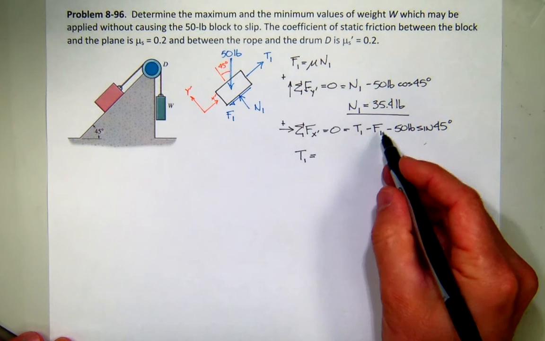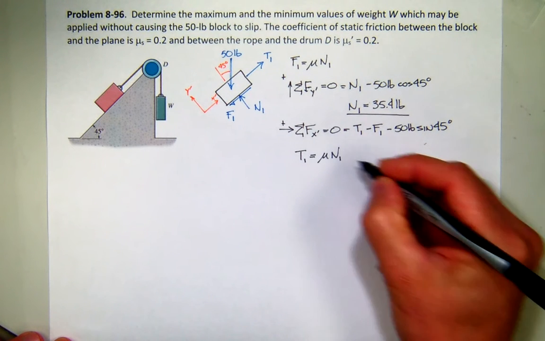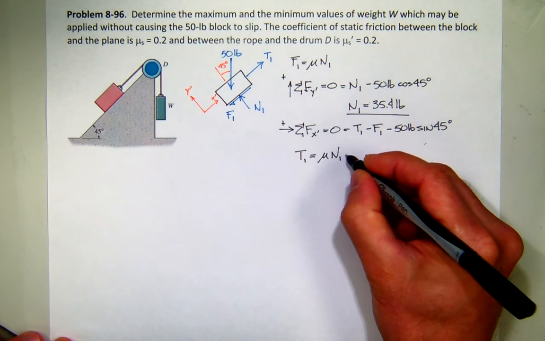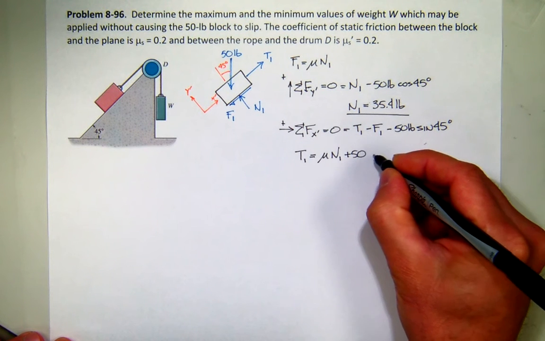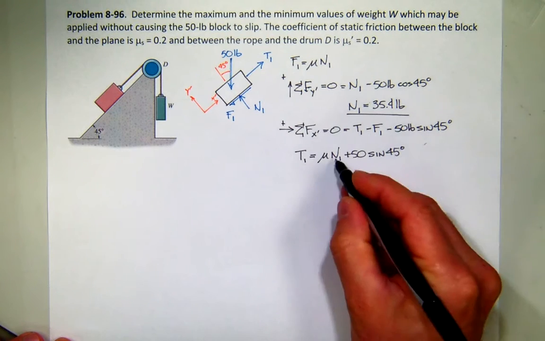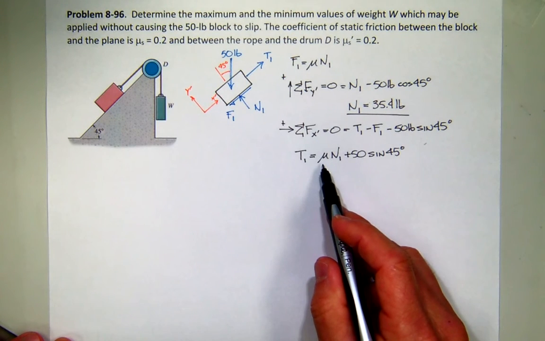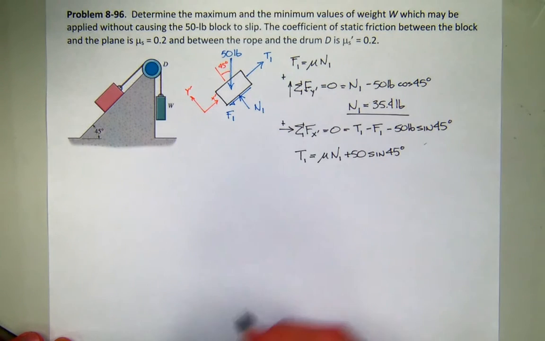So T1 should be equal to F1, which is mu N1, plus 50 pounds sine 45. And I know what N1 is. And the coefficient of friction on that surface is 0.2.